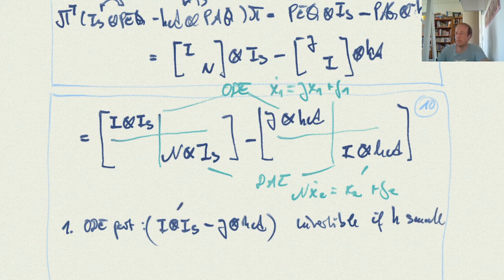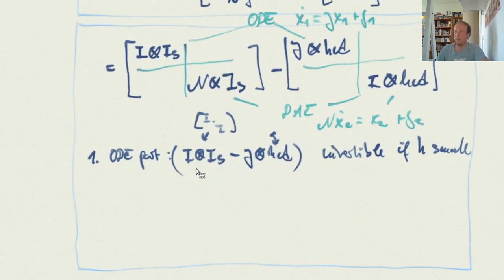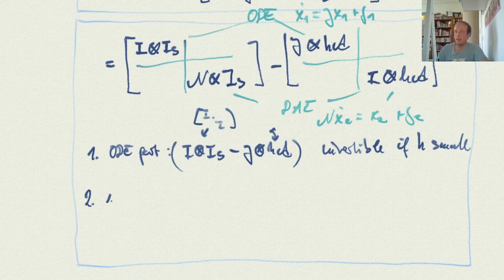You see, this basically is a huge identity matrix, and here is this factor h. If h was 0, then the identity of course is invertible, but if h is very small, then it is very close to the identity. So this is invertible if h is small, and then the other part, the DAE part.